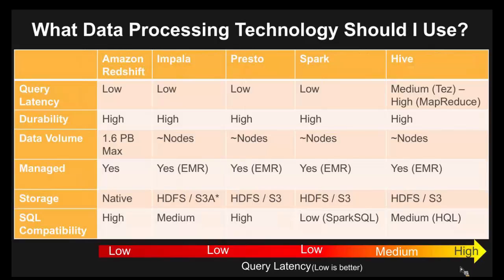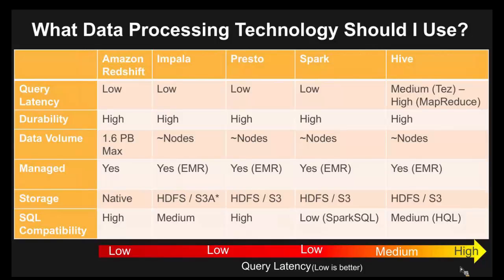Netflix, for example, uses Presto for their billing system. They're super happy with that. Impala recently added support for S3, which is super interesting as well.